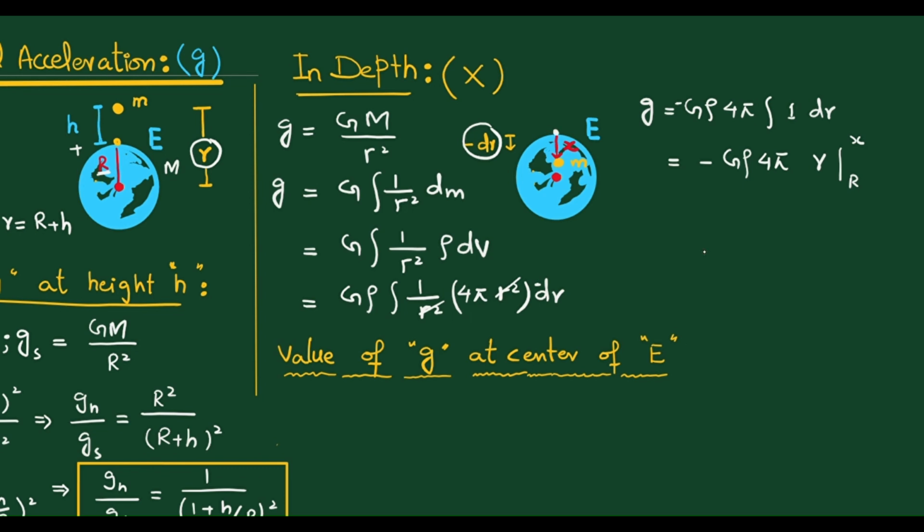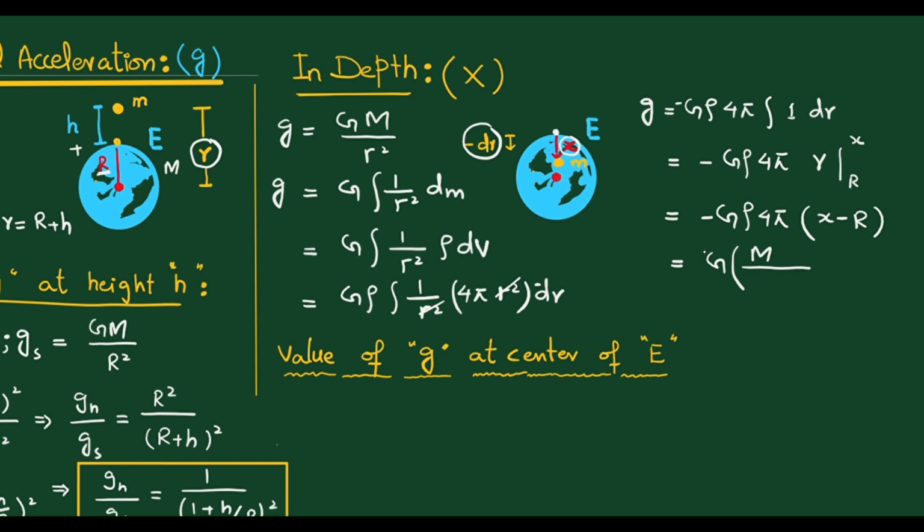The capital R here is the radius of the earth, the distance from the center of the earth is equal to capital R, and we go into the earth to depth small x, so the integration will be taken with the limits from capital R to small x: minus capital G rho 4 pi into upper limit x minus capital R. If we take the minus sign into the bracket, then capital G, and the value of rho is the density, and density is equal to mass divided by volume.